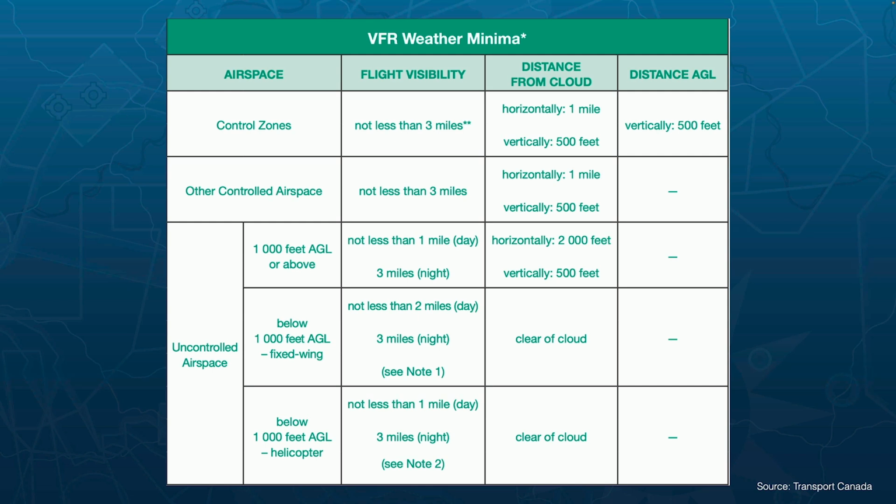Horizontally, you need to be 2,000 feet away from clouds, and vertically 500 feet away from clouds. For operating 1,000 feet AGL and below for fixed wing, you need to have not less than 2 miles visibility during the day, and you need at least 3 miles at night. It's just clear of cloud for distance.